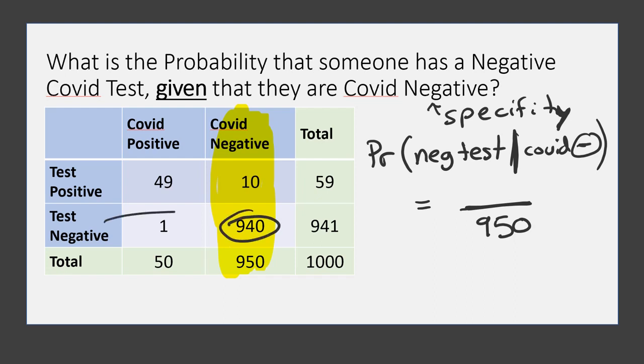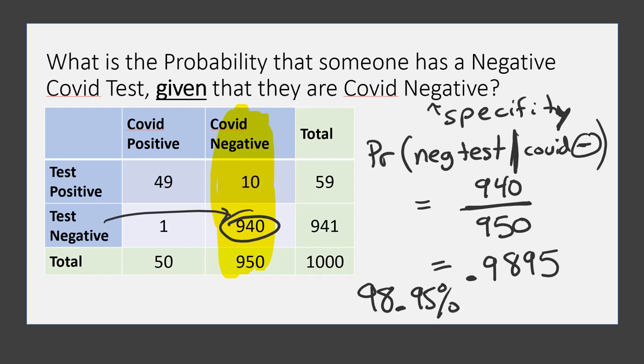The negative test is the 940. All right, this equals 0.9895. All right, in other words, 98.95%.